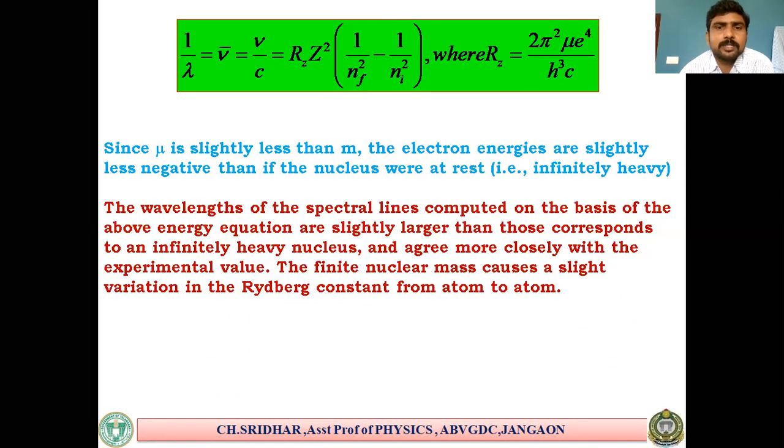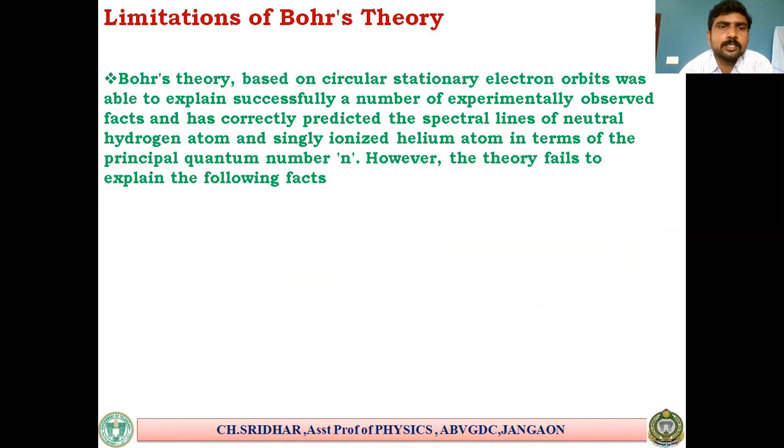Then the wavelengths of the spectral lines computed on the basis of the above energy equation are slightly larger than those corresponding to an infinitely heavy nucleus. The finite nuclear mass causes a slight variation in the Rydberg constant from atom to atom. So that is, Rz includes the atomic number.